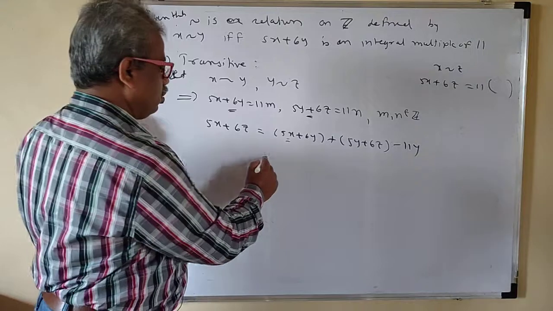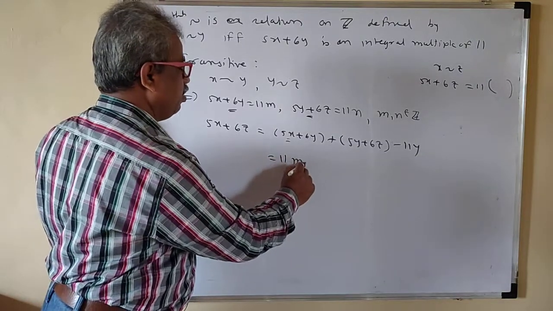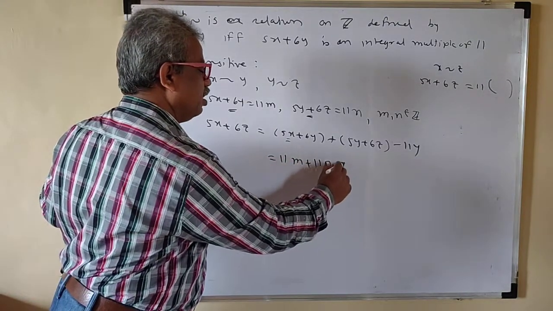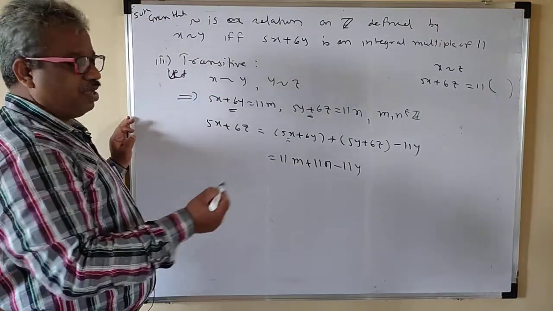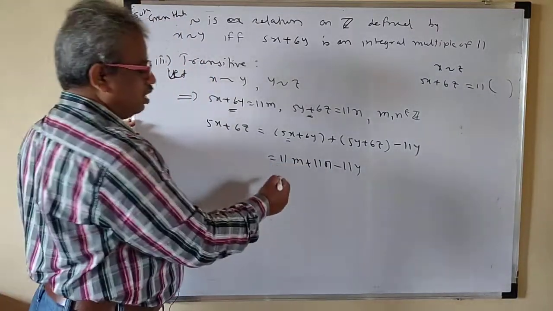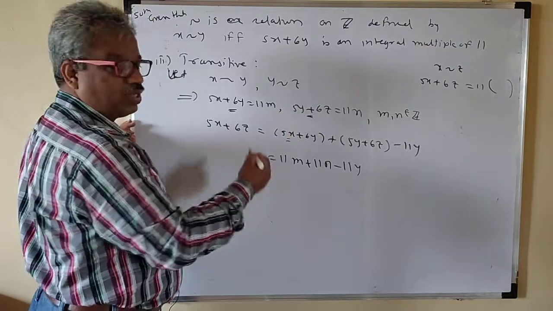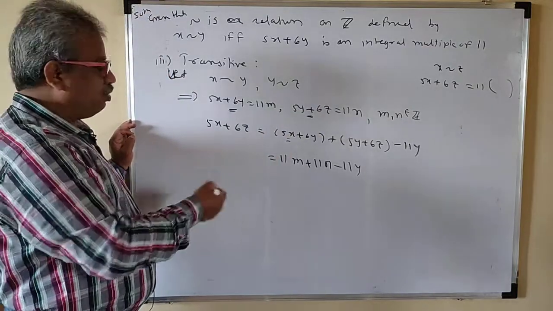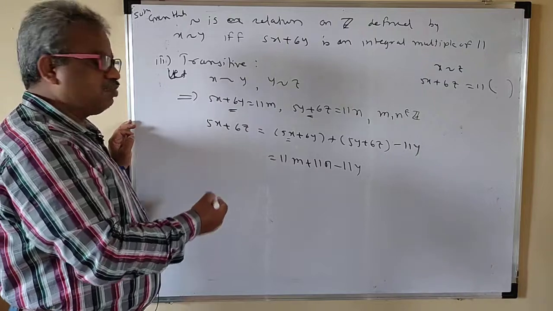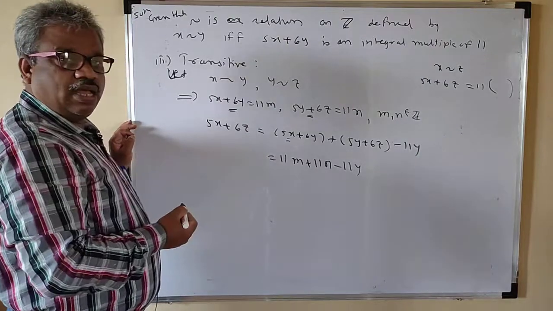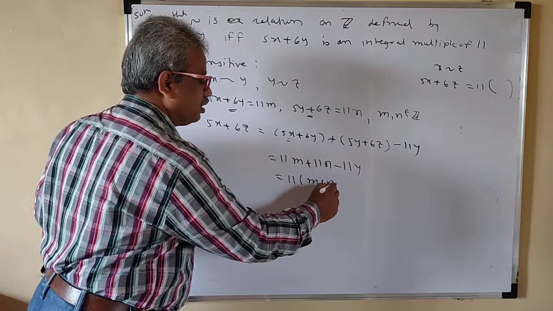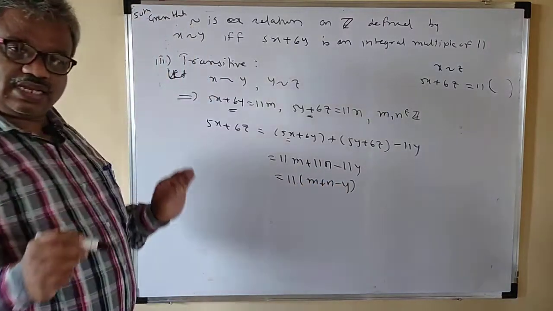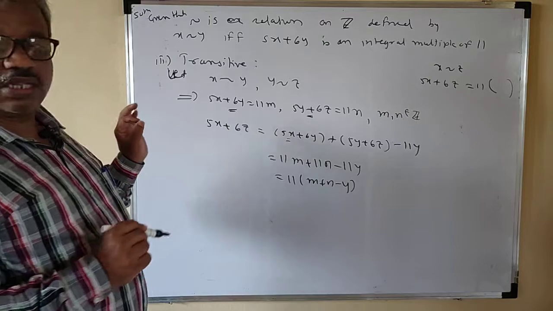So we are good. This is 11 times m plus 11 times n minus 11 times y. Now if you take 11 common, each term contains 11. So this is 11 times m plus n minus y. Your m is an integer, n is an integer, and x, y, z are all integers.